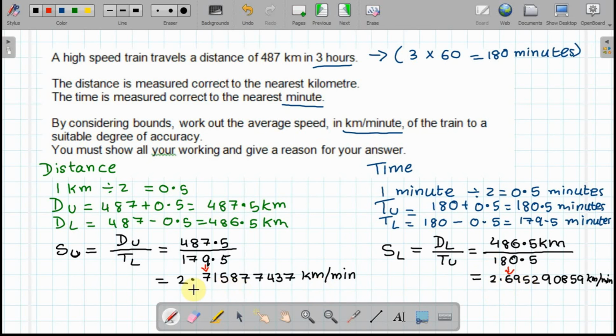So I write this sentence, this speed can be rounded to 2.7 kilometers per minute to two significant figures. Okay, and that's it. That's my answer.